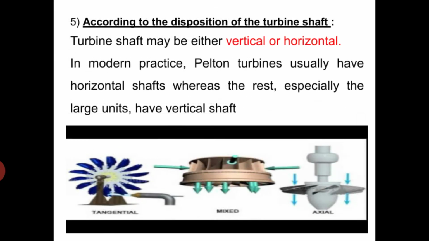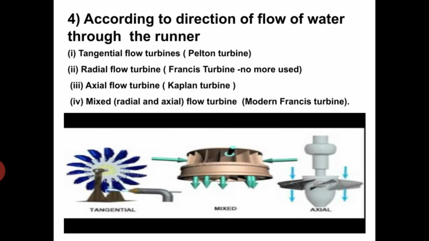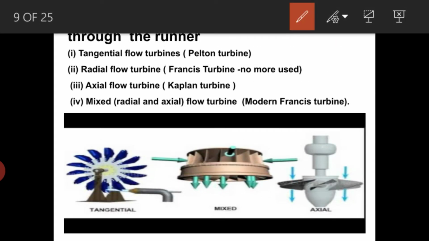This is a runner, and on the runner the buckets are placed. Here the jet is striking the vanes, water flowing along the tangent of the runner. You just observe it, the jet striking the vanes in a tangential direction.